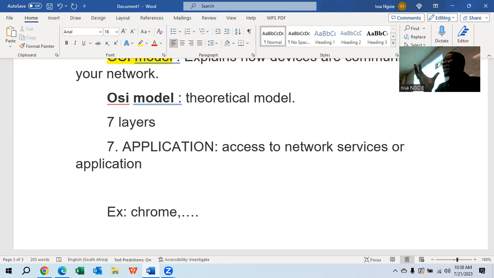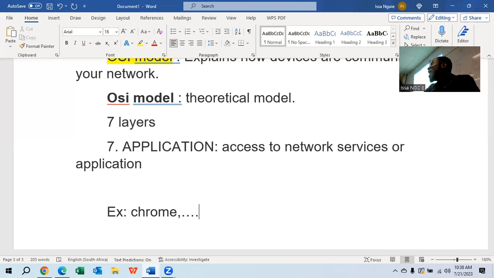So the application layer is the layer where the user will have access to network services or network applications. This is where you as a user, number one, say, okay, I want to do my research. You have to go to a browser first. There is no other way. That browser is a network application. They can ask you, what is the utility of an application layer?